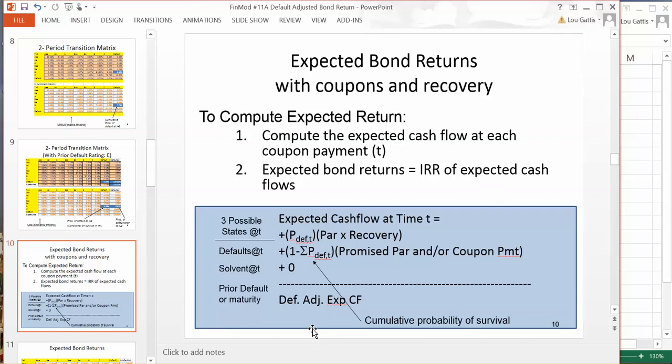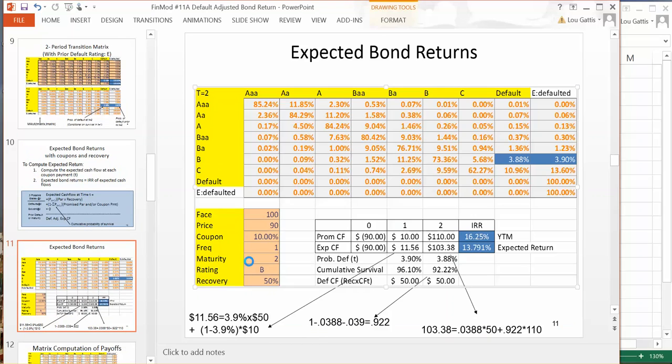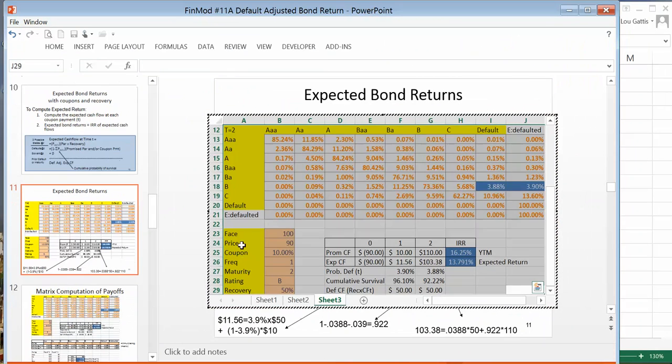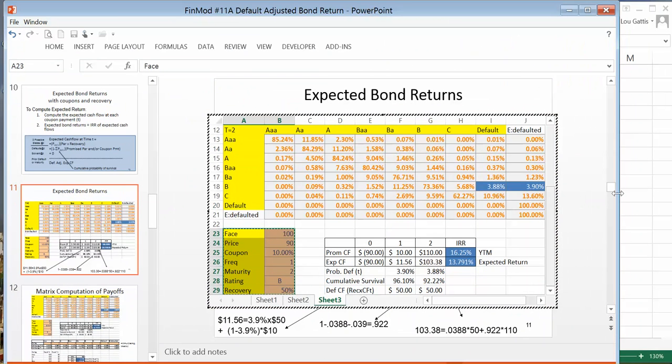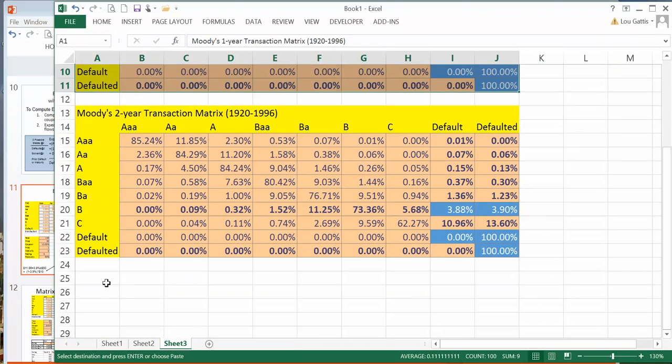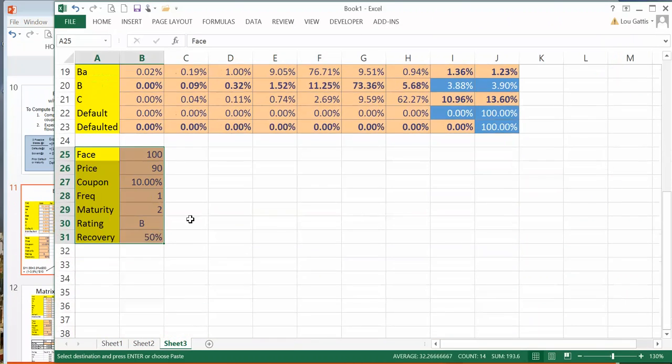So let's grab a little information right here about a particular bond. Let's look at a $100 face bond that's selling for $90. Let me just paste that here. So we have a $100 face bond selling for $90. It has a coupon of 10%, makes payments once per year, maturity is in 2 years, the rating is B, and the recovery rate is 50%.